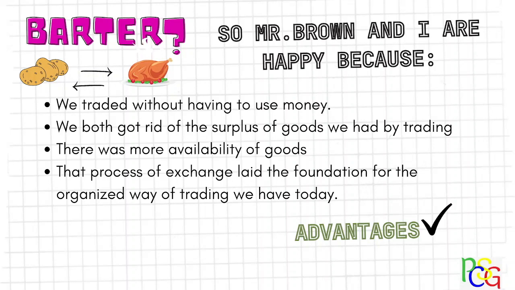It wasn't a case where I had the extra chickens and had to eat chicken all day, every day, or the chickens spoiled. He got rid of the surplus of his potatoes by trading with me. There was more availability of goods. I didn't have to eat all chicken, and he didn't have to eat all vegetables.